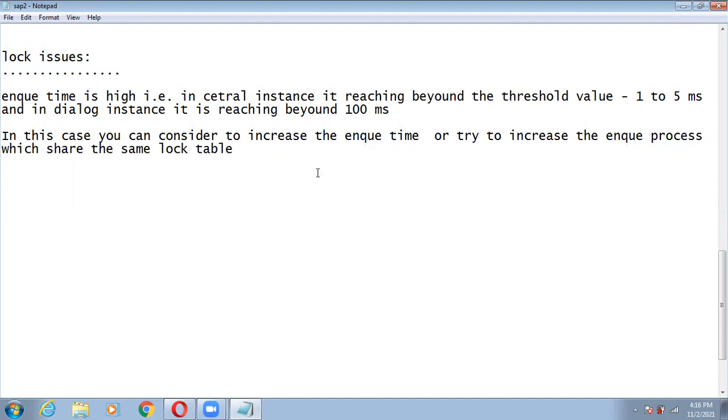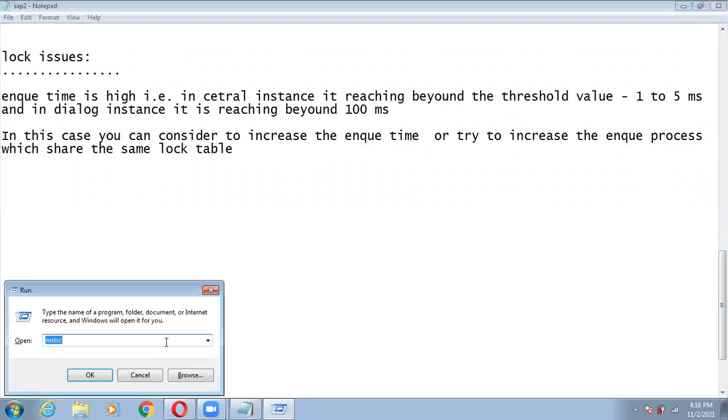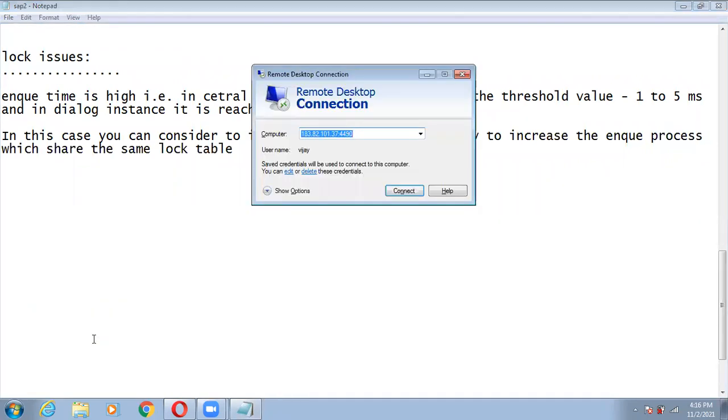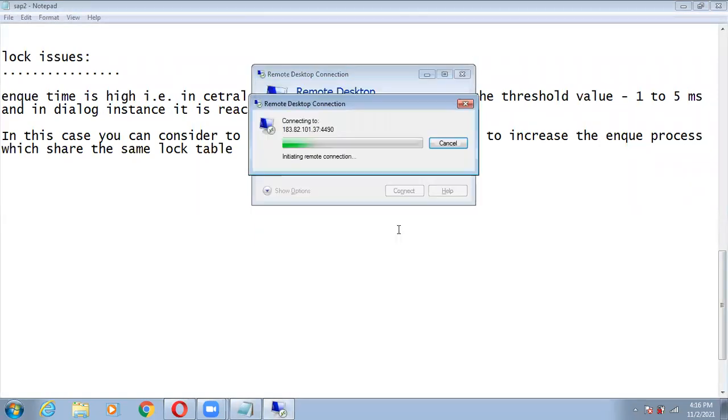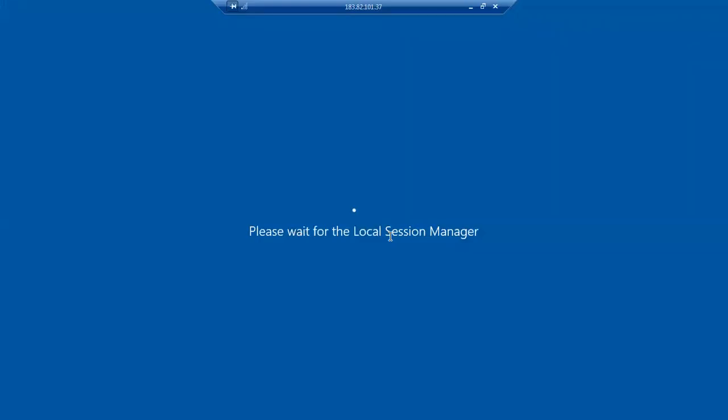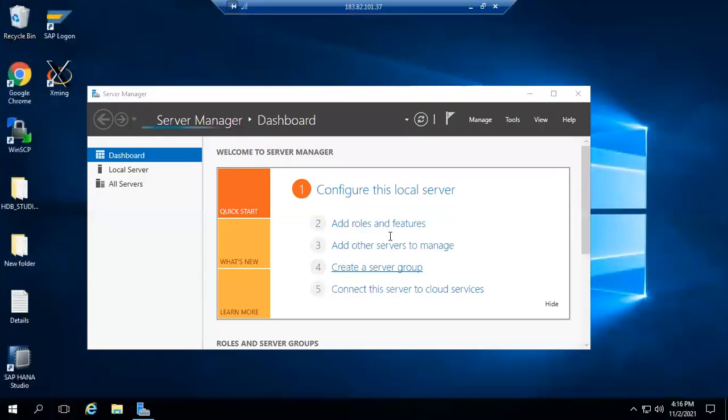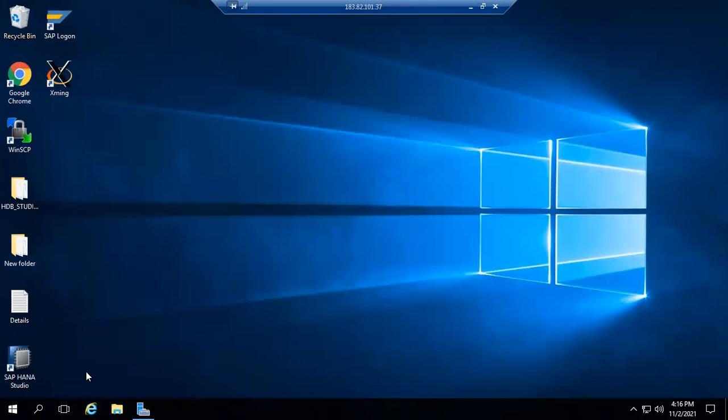What is the T code for NQ? Yesterday I told you, right? What is the T code for NQ? Are you not studying? Srinisha, Rajesh. SM12, sir. Yes, SM12 is the T code for NQ.